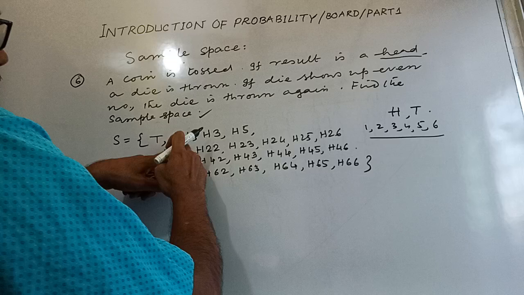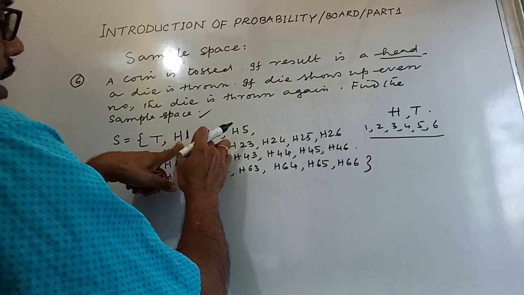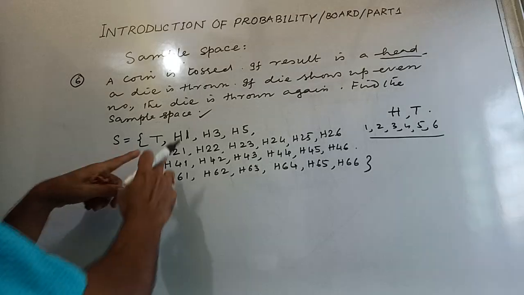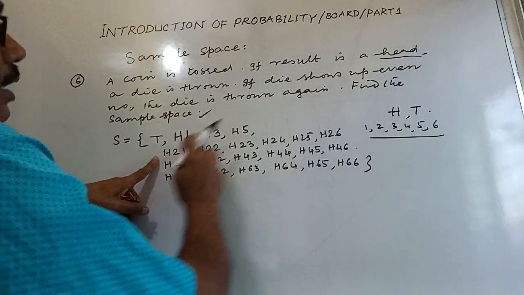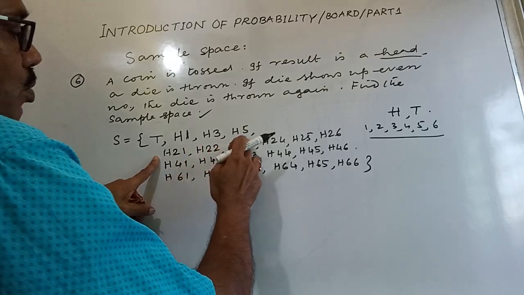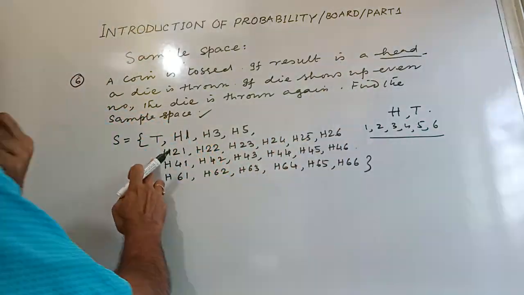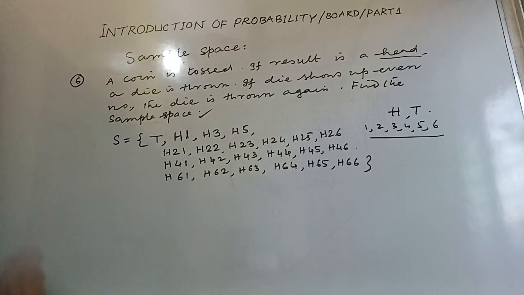So head with an odd number gives H1, H3, H5. But if you get an even number, then another die is thrown, so you get H21, H22, H23, H24, H25, H26, and similarly for the others. So this is the sample space.